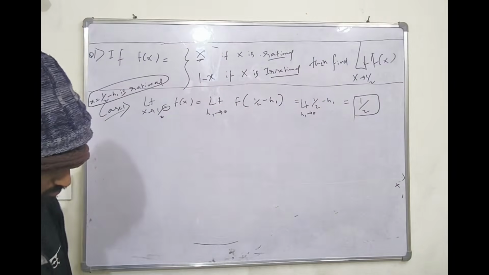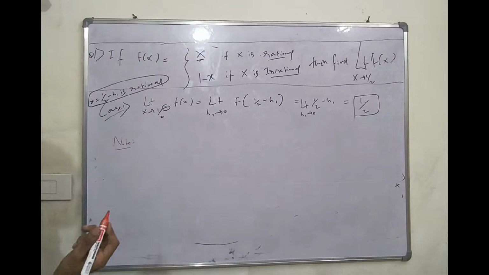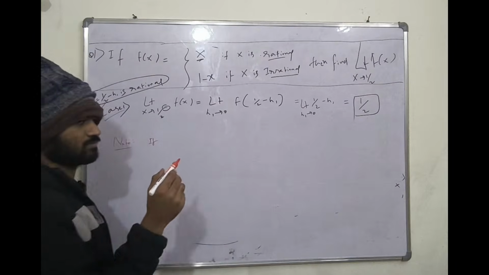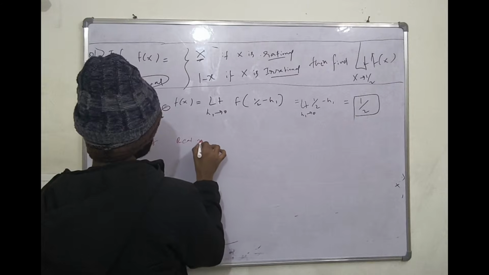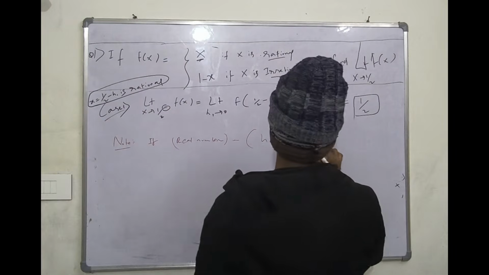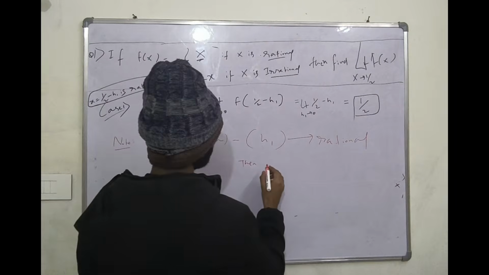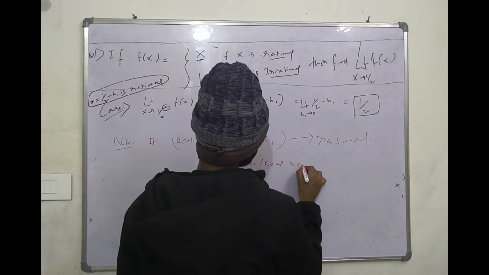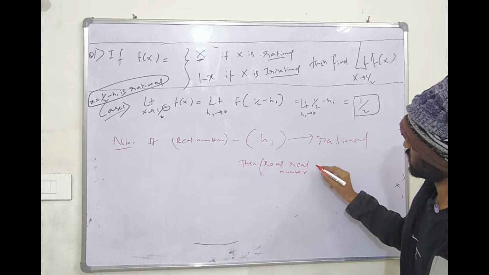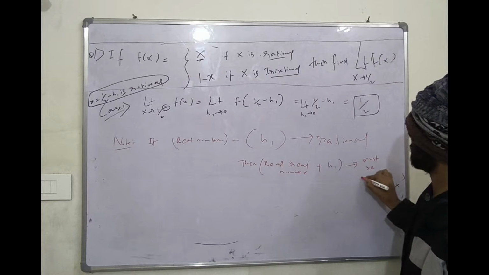Now, note point. The note point is: if some real number minus some quantity, here we took h1, is rational, then the same real number plus h1 must be rational.